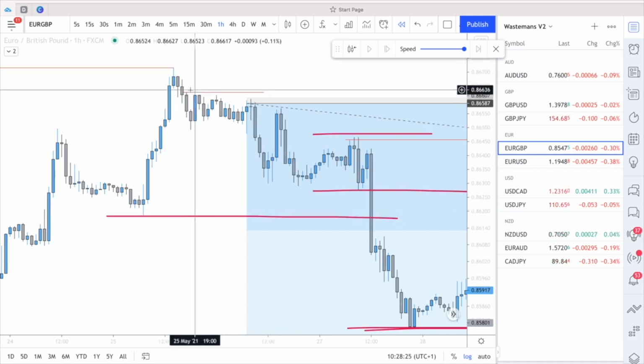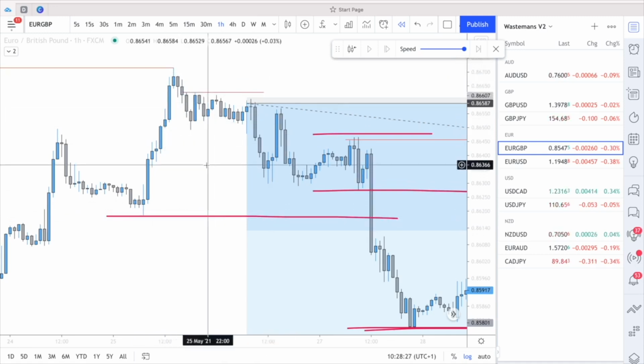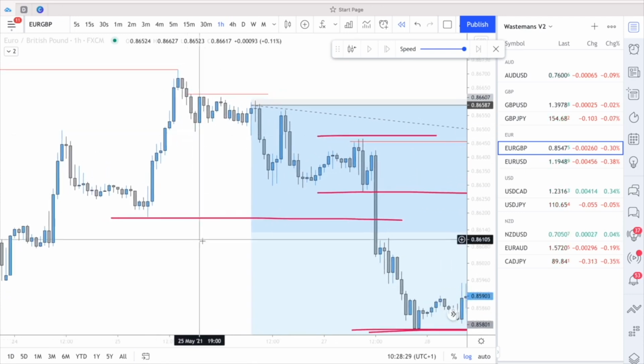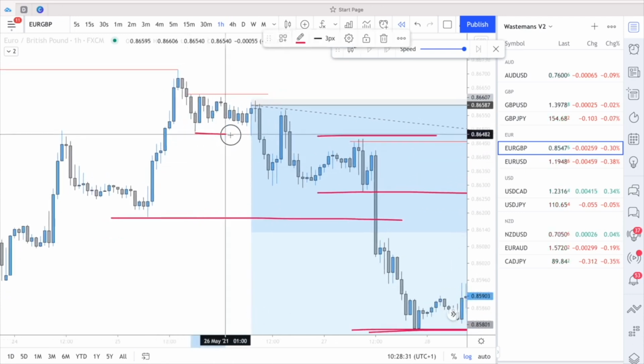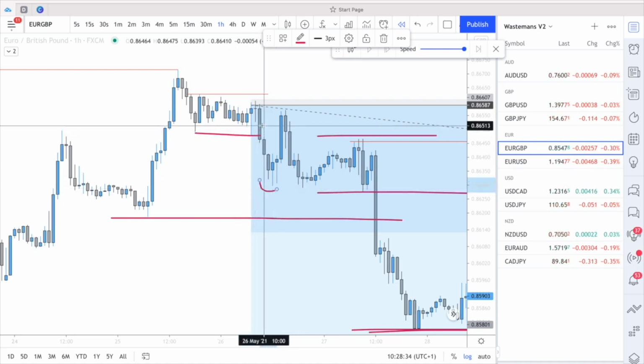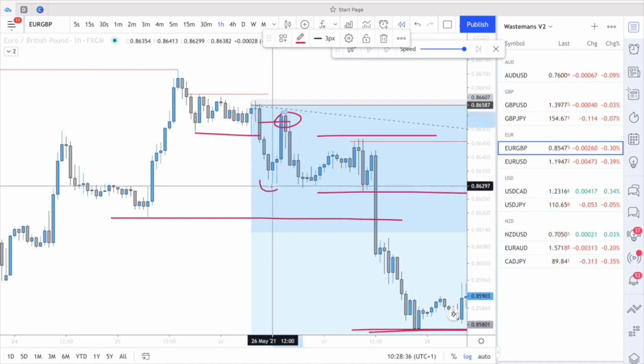From here, in terms of minor structure, we can see break of structure, low mitigation, break of structure that happened here.